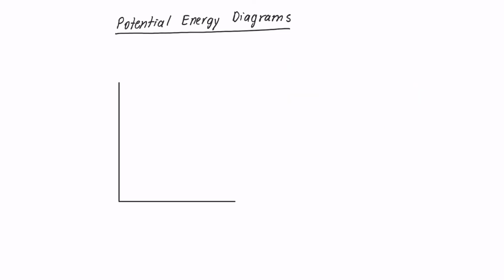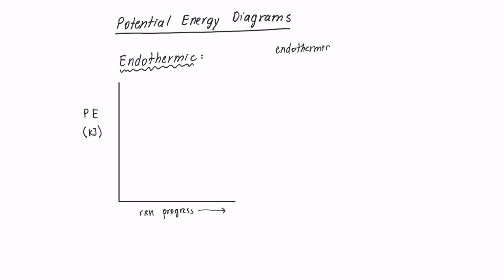Now let's take a look at a potential energy diagram for an endothermic reaction. Our axes will stay the same, potential energy along the y-axis and reaction progress along the x-axis. In an endothermic reaction, energy is going to enter the system, which means our products have more energy than the reactants.